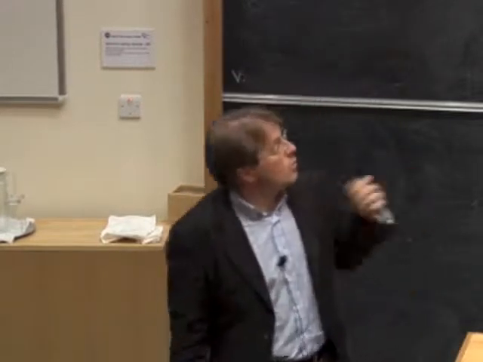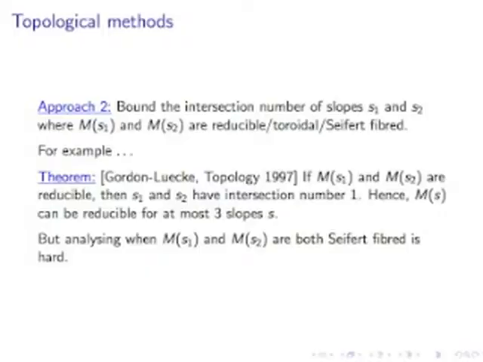So what people have done is they've aimed to bound the intersection number of slopes S1 and S2 where the filled-in manifolds are reducible or toroidal or Seifert-fibered. And so there are 6 possibilities if you think about the possibilities for M(S1) and M(S2), and you can get very precise bounds in many cases.